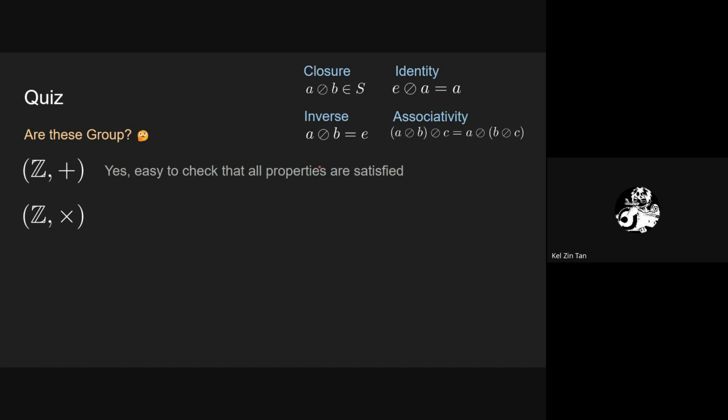Remember that we are just replacing this slash with multiplication. And we know how multiplication is defined. Okay, I'll give 10 seconds.